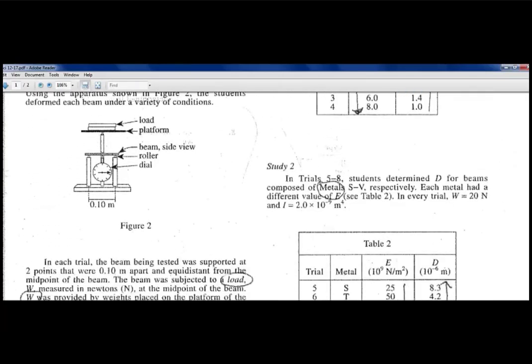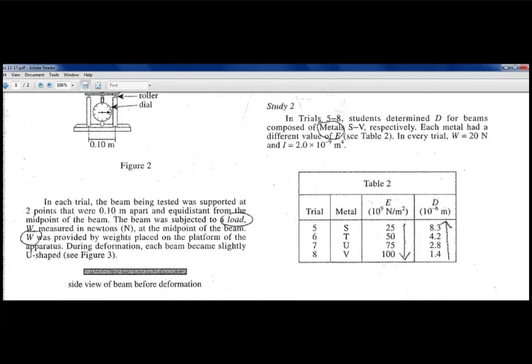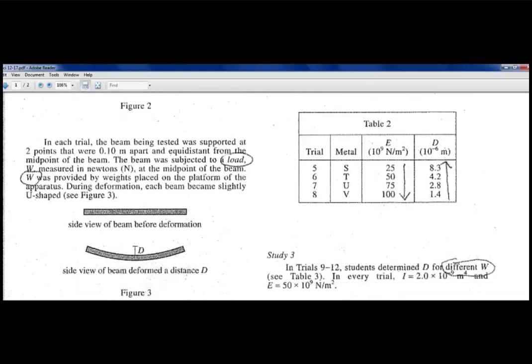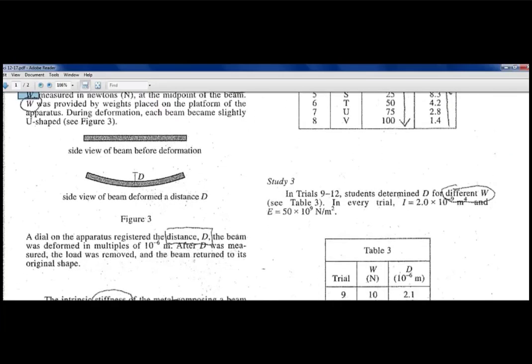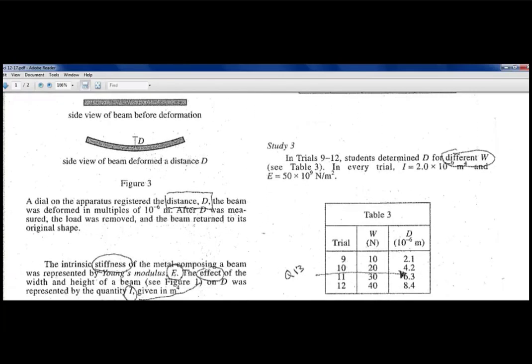So if you come into the mini introductory paragraph, it says the beam was subjected to a load, W. So that means that this W is going to be the weight. Then it will give us a definition for D. It says a dial on the apparatus registered the distance.